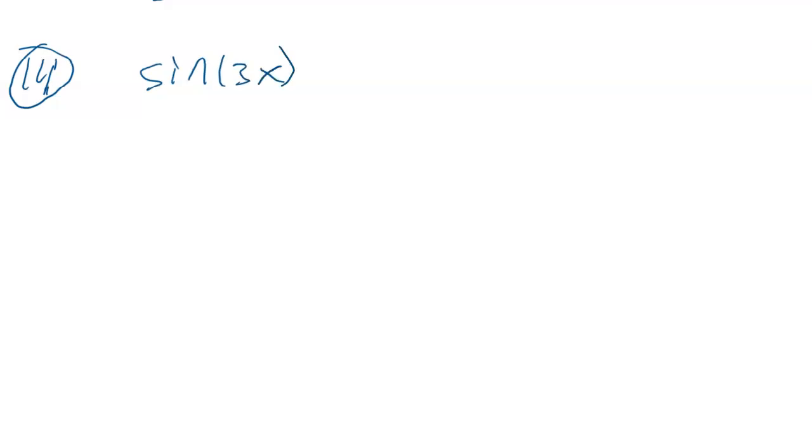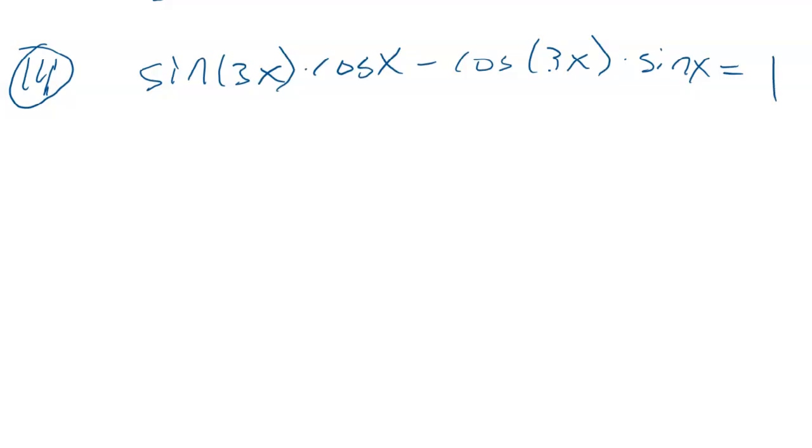Sine of 3x times cosine of x minus cosine of 3x times sine of x equals 1. Okay, if you square both sides or do a substitution, you're going to get yourself in trouble. You really are. This is really a step back and look at it. I'm going to write a formula here.